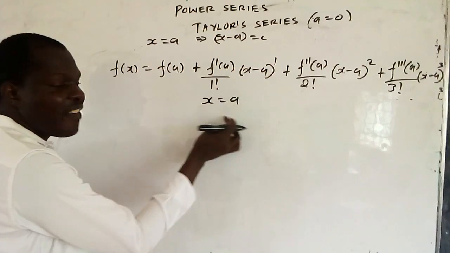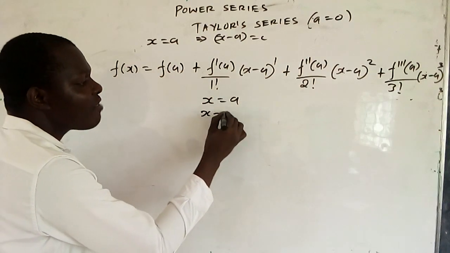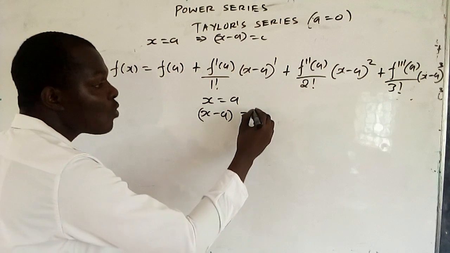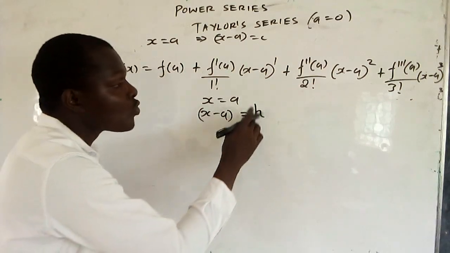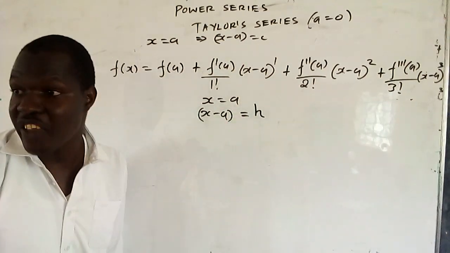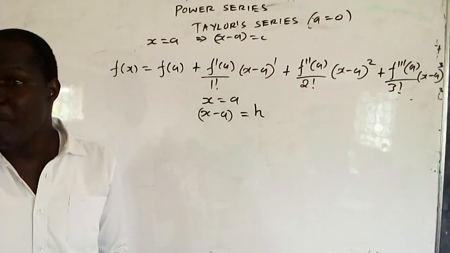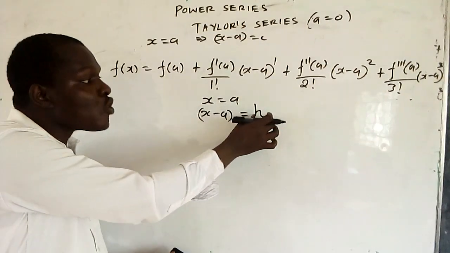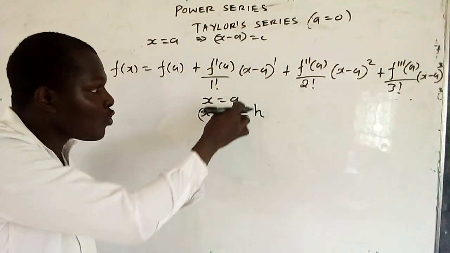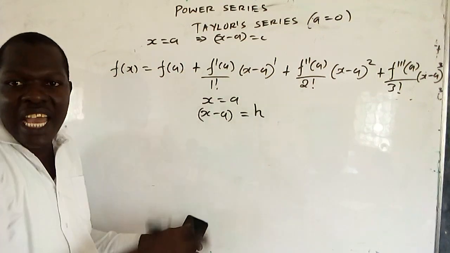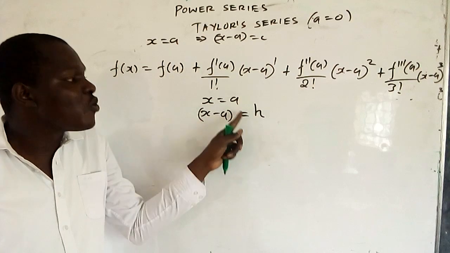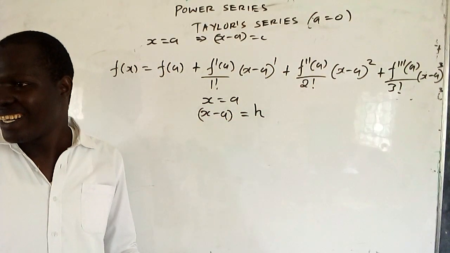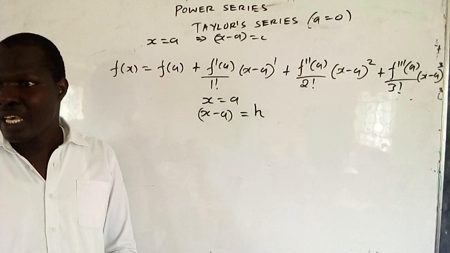So if you bring a this side, it means you have x minus a equal to 0. We now want to expand it at a point h, meaning you have to remove a this side, and that is you are expanding it at a point h. If you bring a this side, you get x minus a now equals h. Are you getting that?